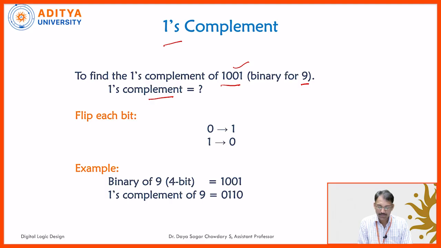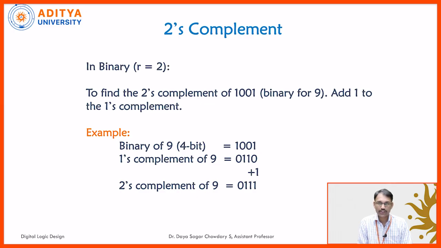So the number is 1001. If we flip 1 to 0 and 0 to 1, that is our result. That means 1 becomes 0, 0 becomes 1, 0 becomes 1, 1 becomes 0. So 0110 is the ones complement of 9.